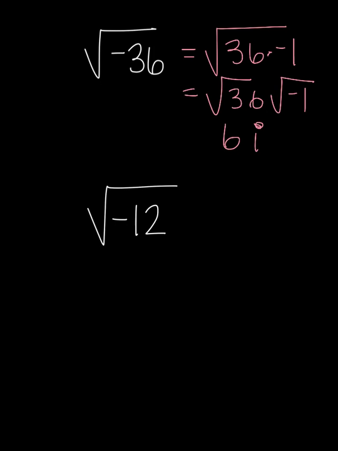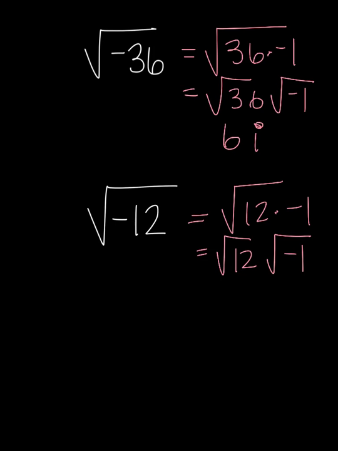Okay, so what about square root of negative 12? Well, that would be 12 times negative 1. The square root of 12 is not a pretty number. We'd have to get a decimal for that. And we don't really want a decimal because these are going to be at the end of our problems.